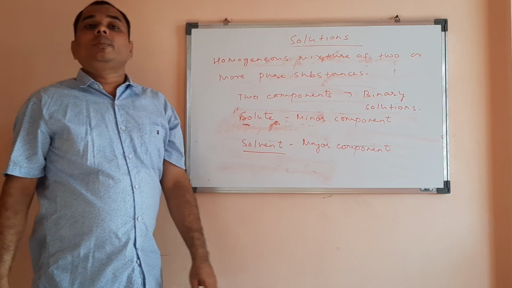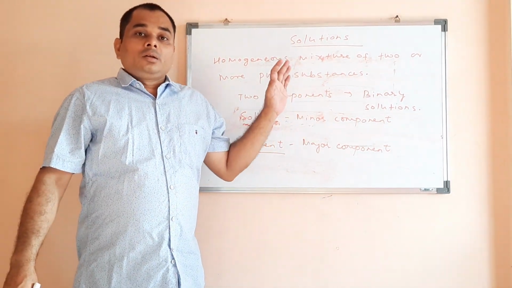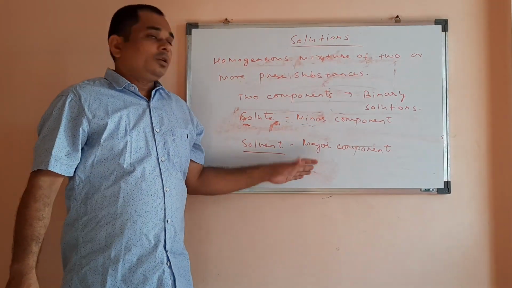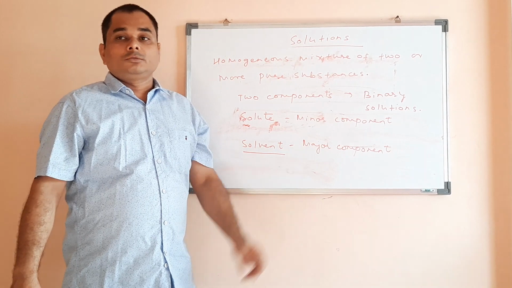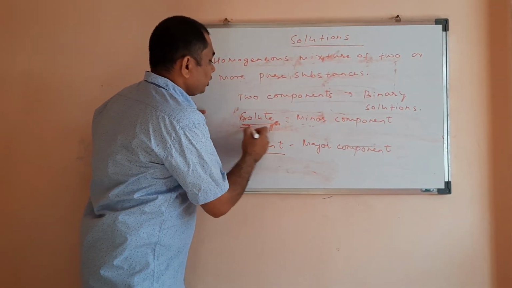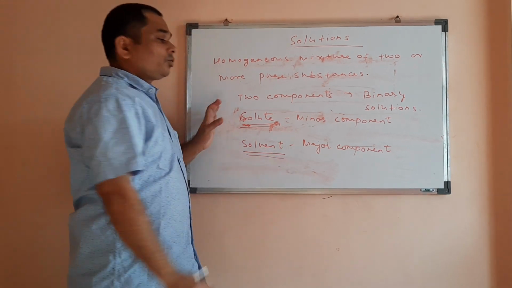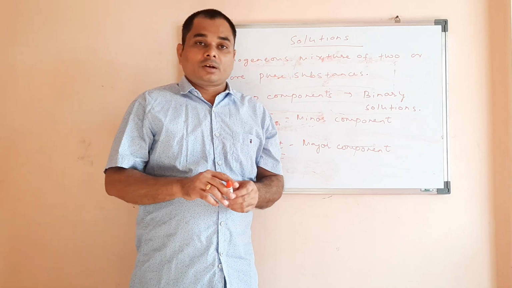So therefore, it will be present in lesser amount. Therefore, the state of the solution will be liquid. So this is a solid in liquid type of solution. So here we have to understand these two concepts, solute and solvent. Solute is a minor component, whereas solvent is a major component.